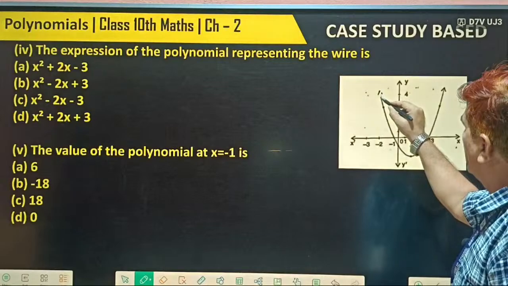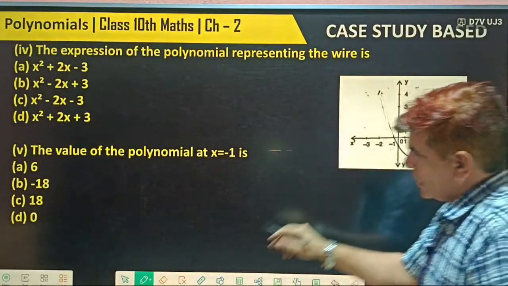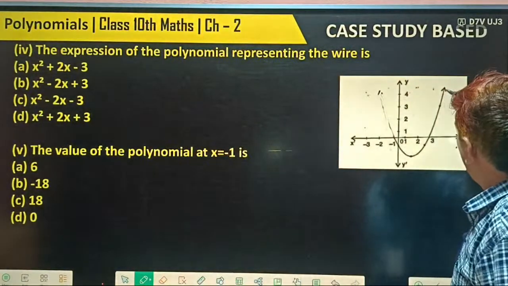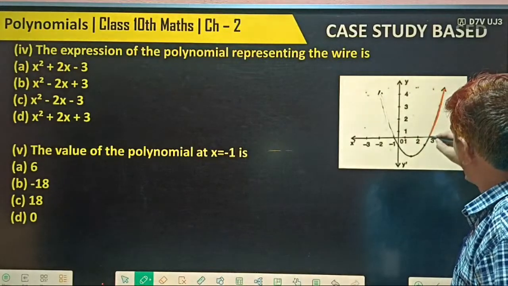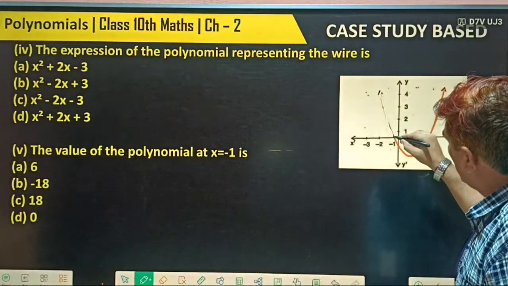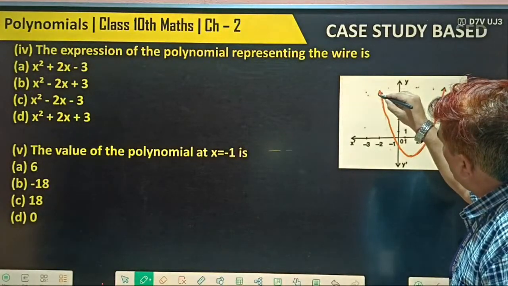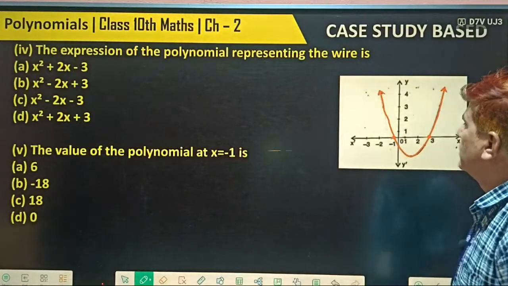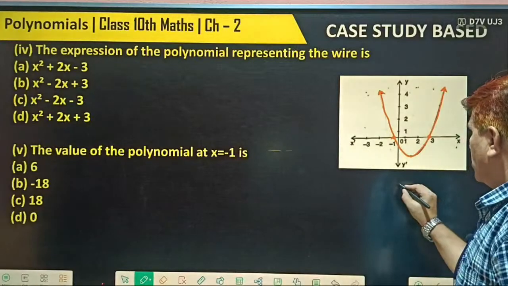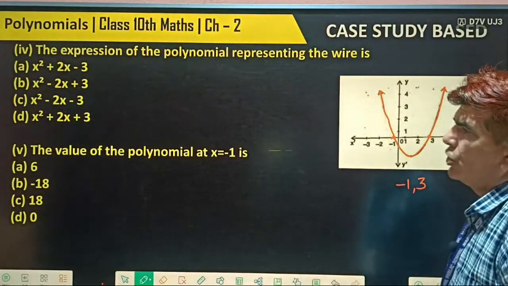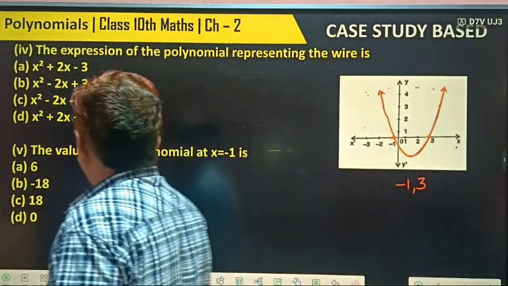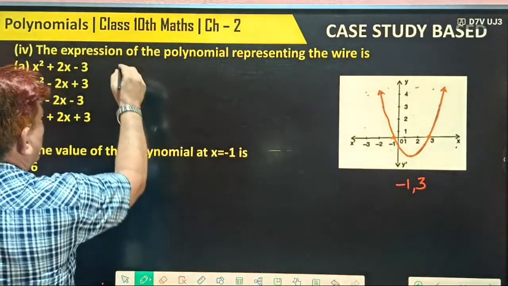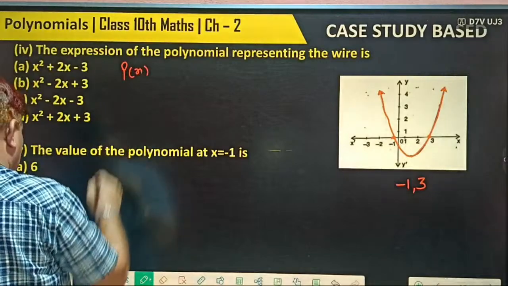This wire is cutting the x-axis at this point and this point. So its zeros are -1 and 3.